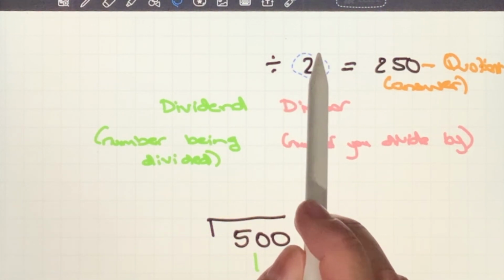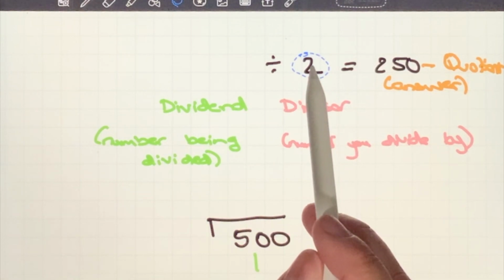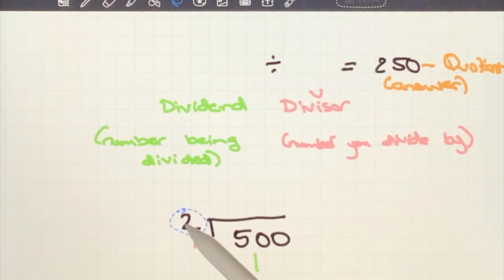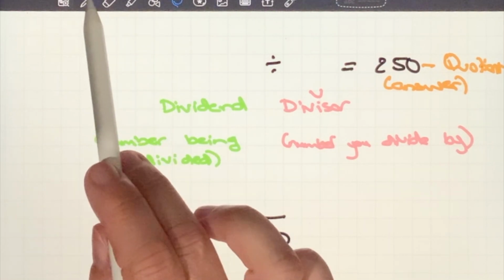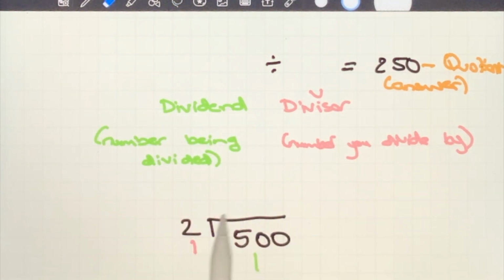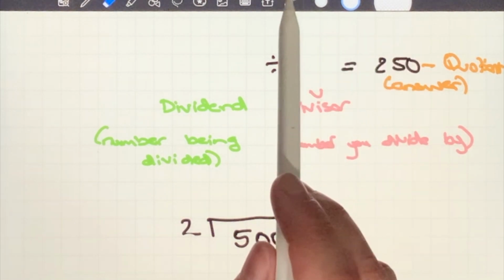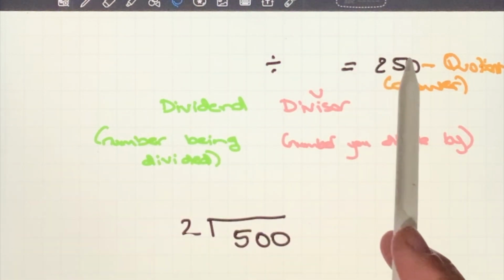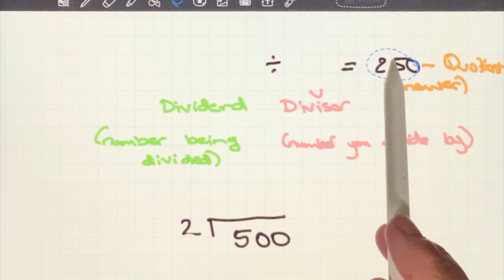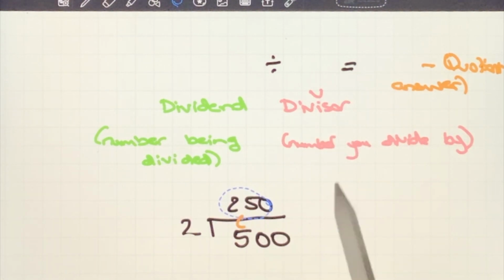And the divisor, which is number that is doing the dividing, is going to go there. And then obviously your answer or quotient comes out on top. And that is the way that you set up a short division.